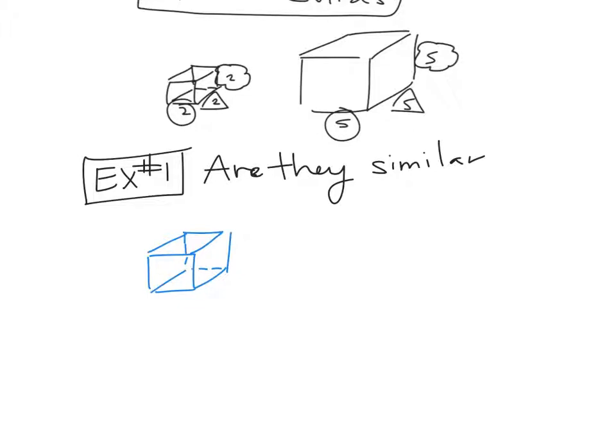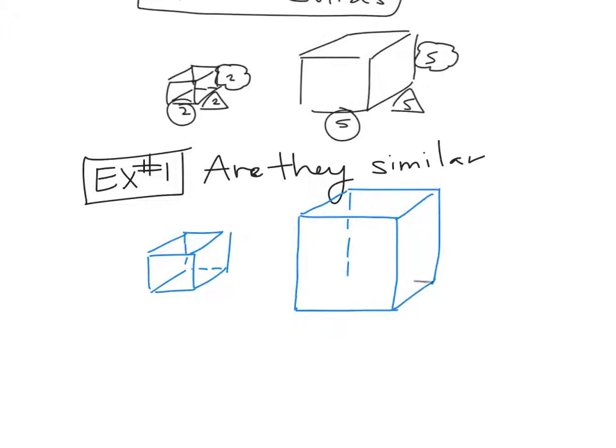This is not necessarily drawn to scale. In fact, it's not. Okay, so let's say this first one, we have 3 by 3. This is supposed to be 2. I know it doesn't look like it. And then this one is 6, 6, and 4.